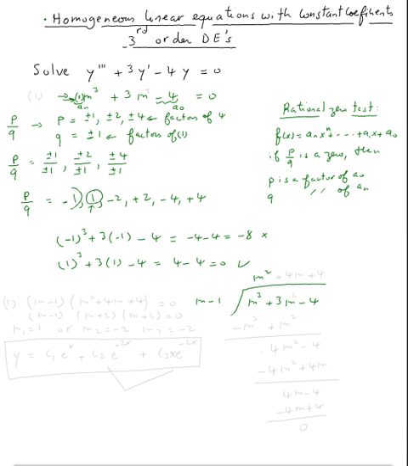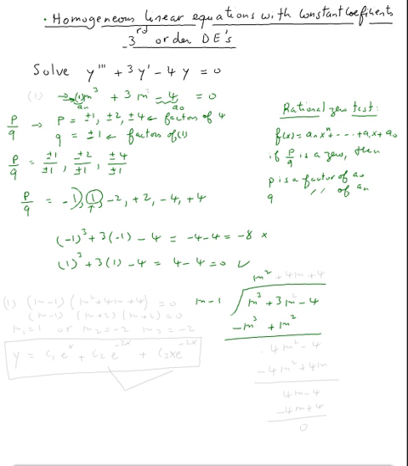We need m squared. m squared times m is m cubed. m squared times minus 1 is minus m squared. Now all I do, I multiply this by minus and then add.